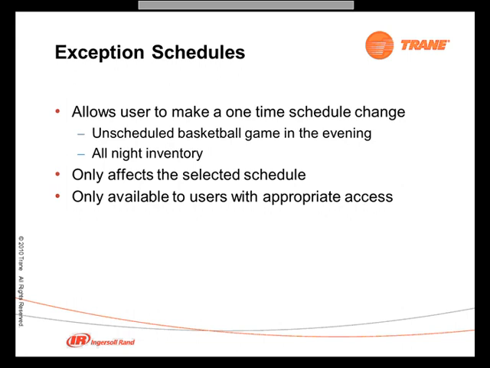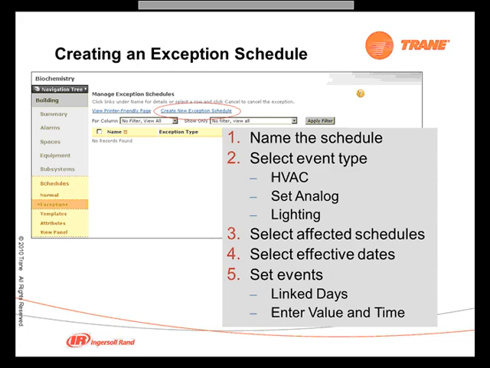Again, the exceptions are a little bit tricky because they're a one-time event. We need to make sure that only users with the appropriate access can use exceptions. To create an exception, typically you go to schedules, and instead of creating a normal schedule, this time you pick exception, and then you're given the option to create a new exception schedule, as you see on the top.